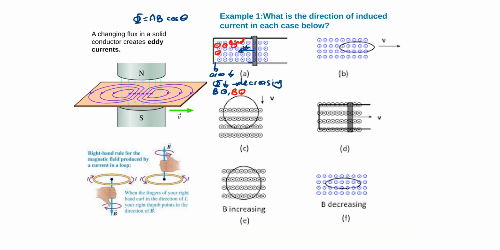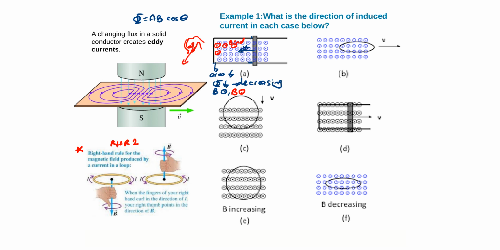After I find that, I use right hand rule 2 to find the direction of current. I should grab this loop here and my thumb should be out of the board. I'll try to draw that. It won't be easy, but hopefully it will give you an idea of how I should curl my fingers. These fingers are curling in this direction and my thumb is out of the board.